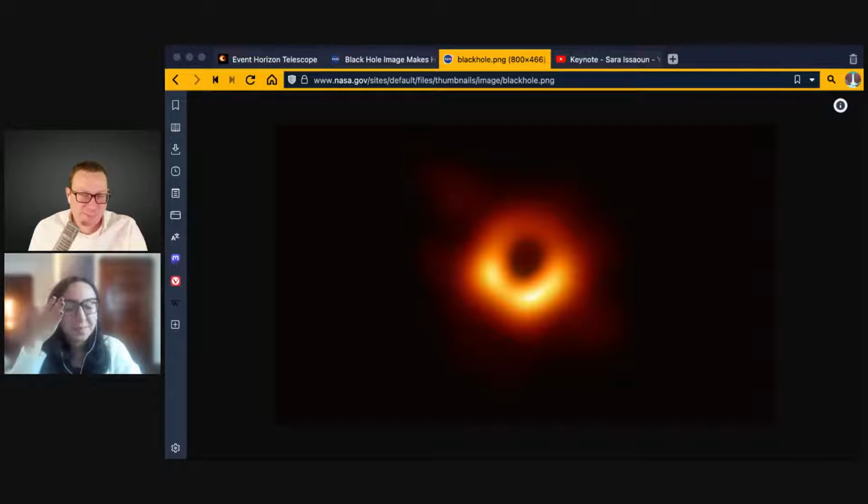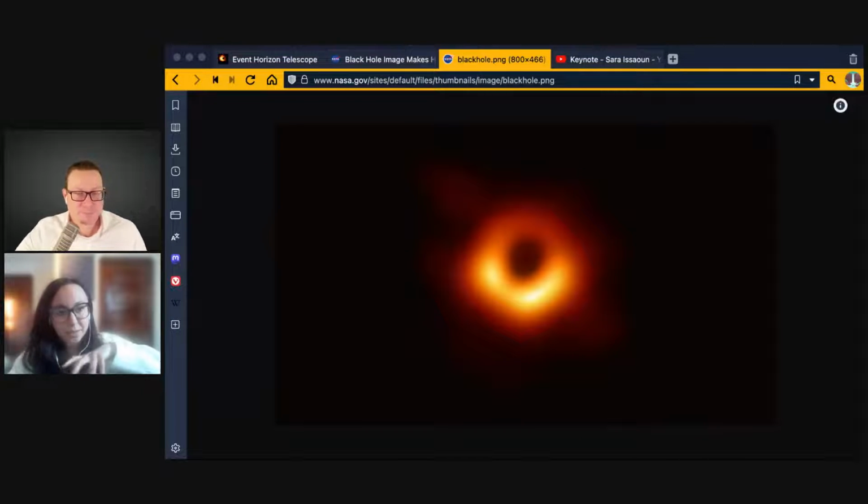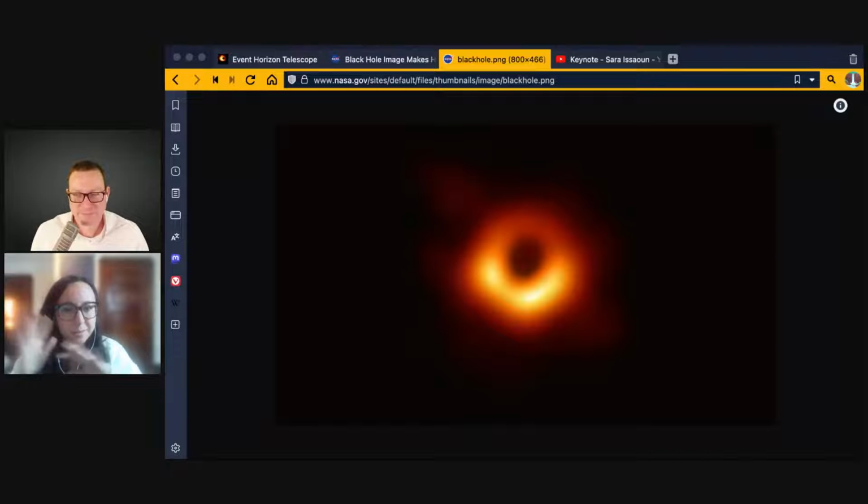Does the jet come from this accretion disk, or does it somehow come out of the black hole, or where does it come from? It doesn't come out of the black hole, but it does come from pretty close to the black hole. This image in particular didn't teach us too much about the jet, other than we can't see it in our image, because at the time we didn't have enough telescopes to see the jet, because it's very, very faint at the frequency we're looking at.